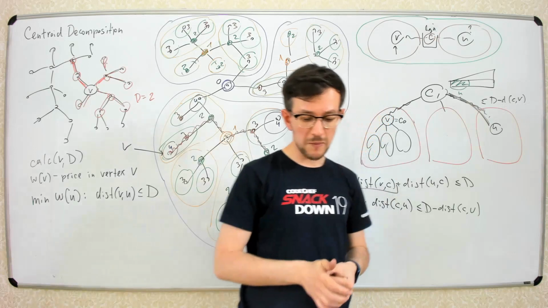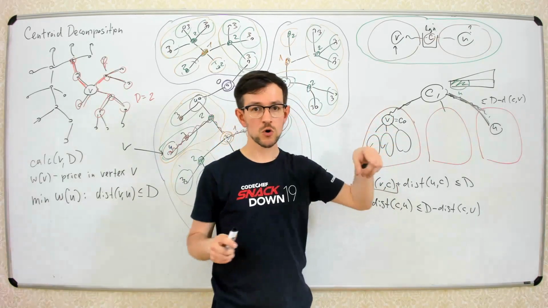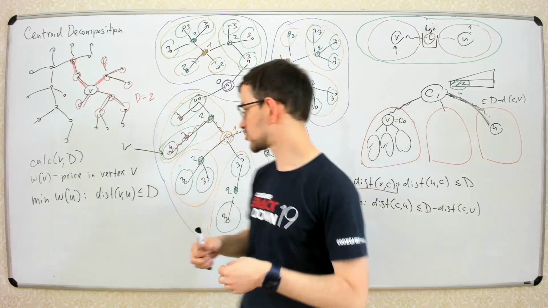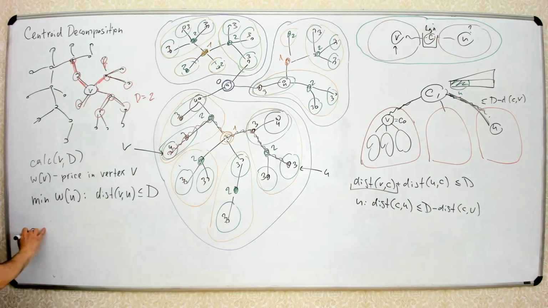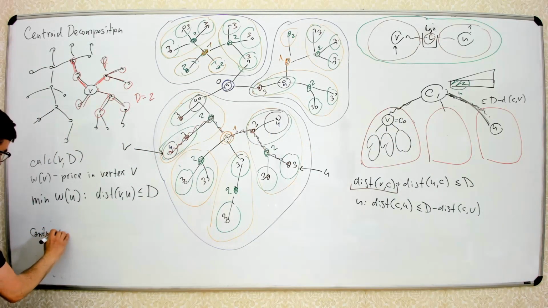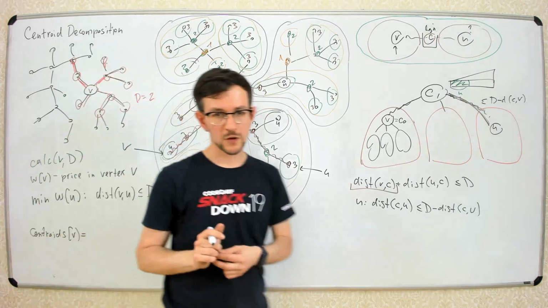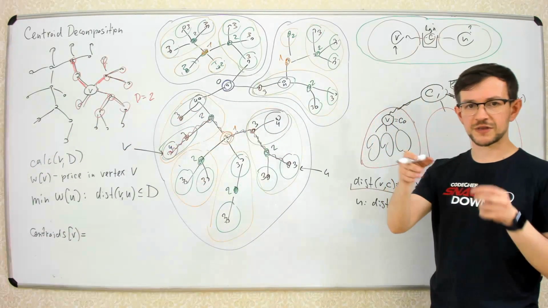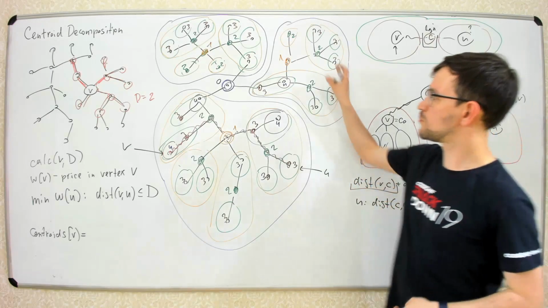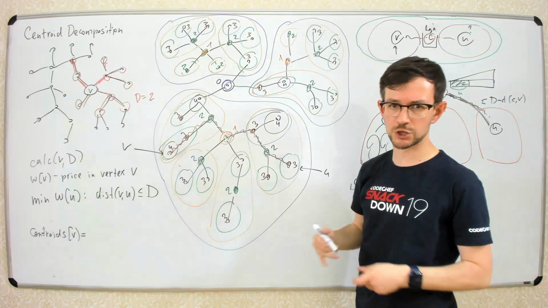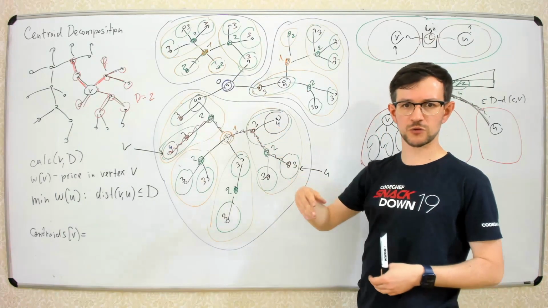Now, the easiest way to implement this actually is the following. For each node V, you can pre-calculate the array of all centroids of this node. You can do it on pre-calculation phase. So when you build this decomposition, you can remember for each node all the centroids of this node.